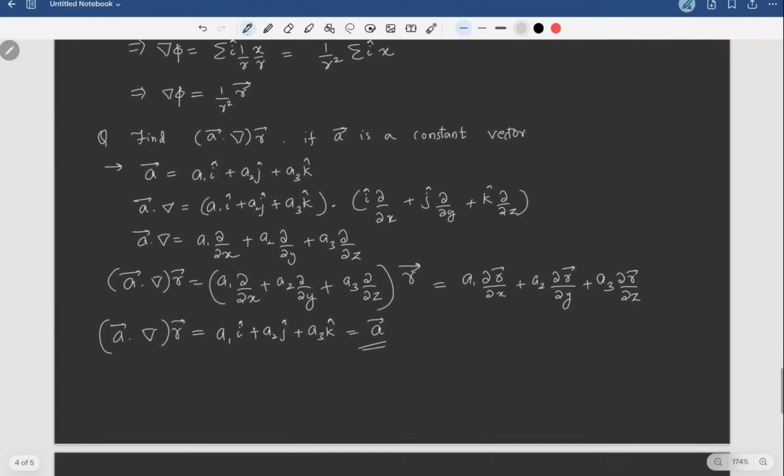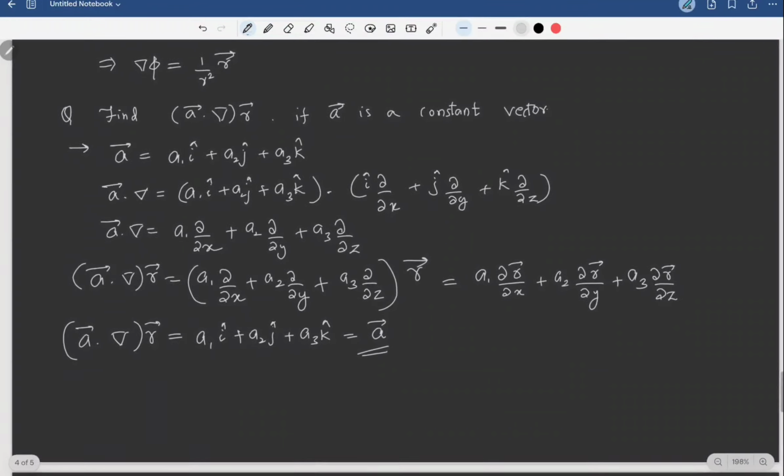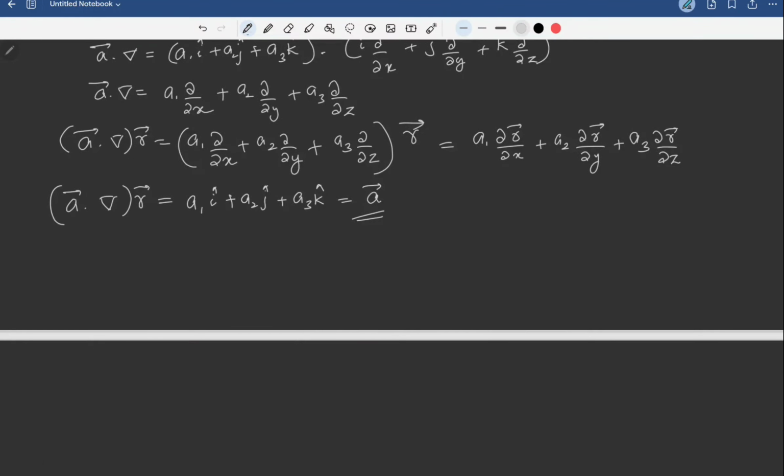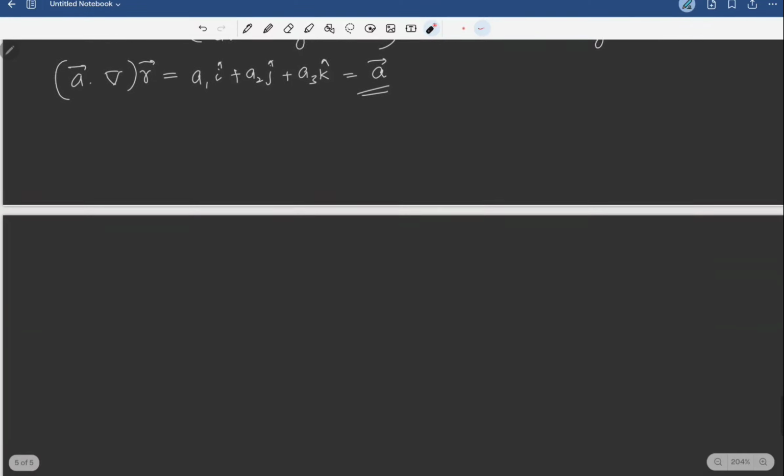I'll zoom out, just check out the solution. Now if you are wondering how we wrote this as i cap, j cap and k cap, I'll also explain that. See, consider r is equal to x i cap plus y j cap plus z k cap. Partially differentiate with respect to x, meaning only treat x as variable and remaining terms as constants.